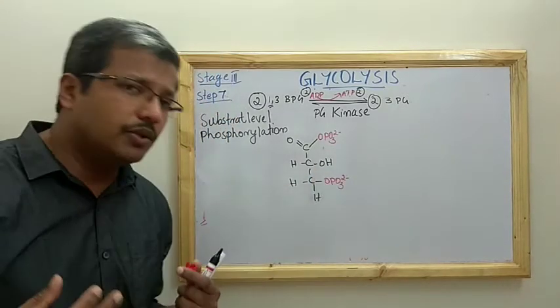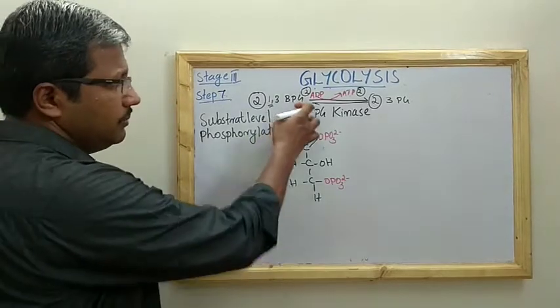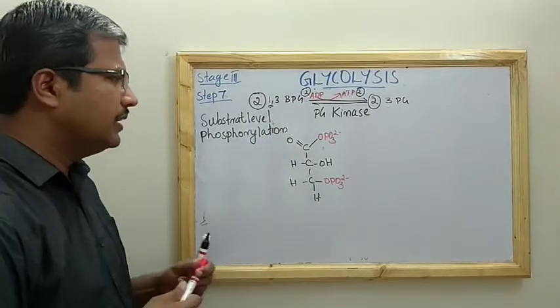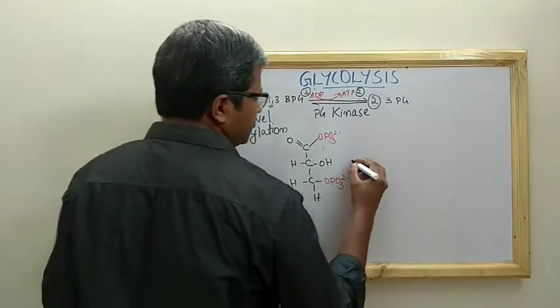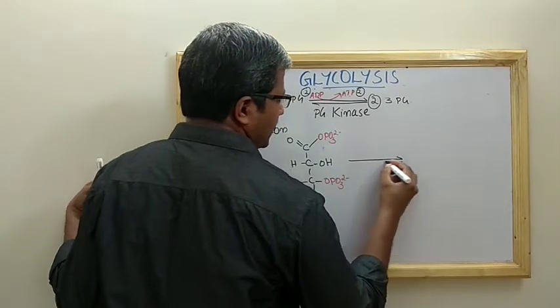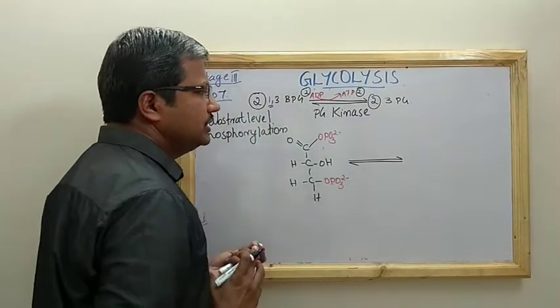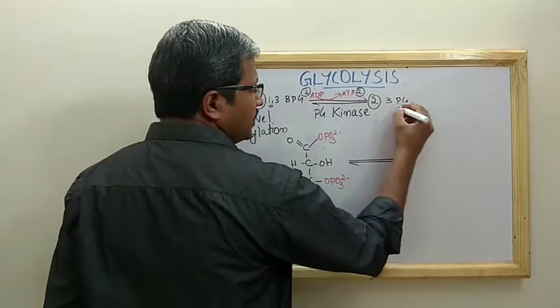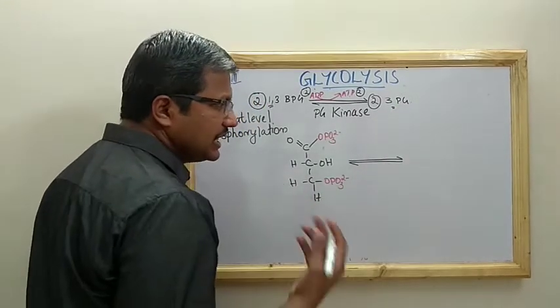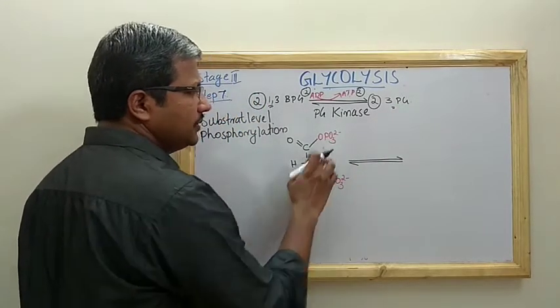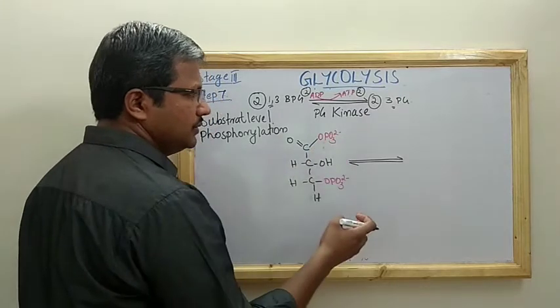So this is 1,3-bisphosphoglycerate. It is a reversible reaction, that is converted to 3-phosphoglycerate. So this phosphate should go out.